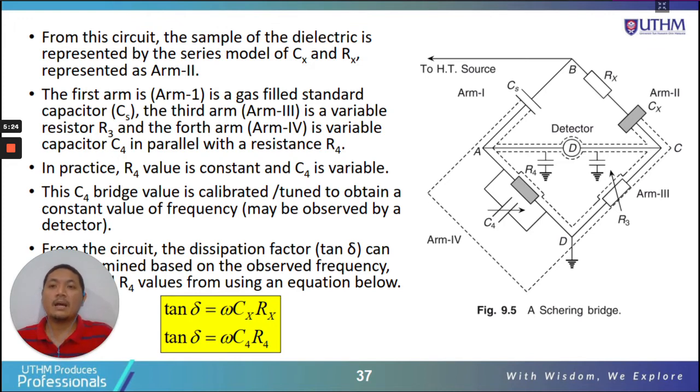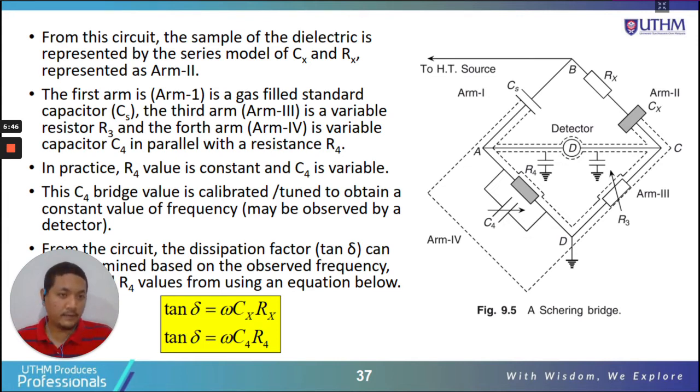The first arm, arm number 1, is a gas-filled standard capacitor, Cs, which has a fixed value. Arm 3 has a variable resistor R3.